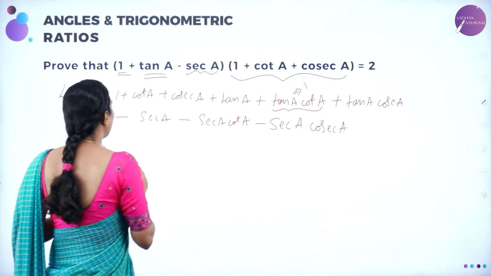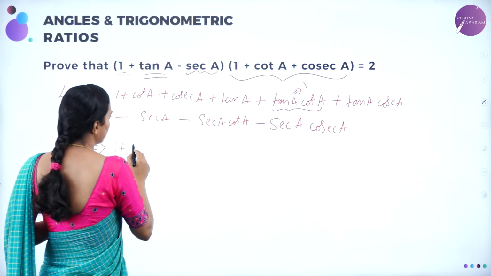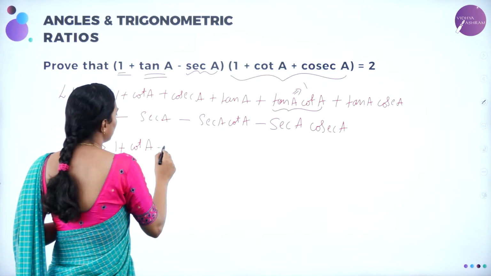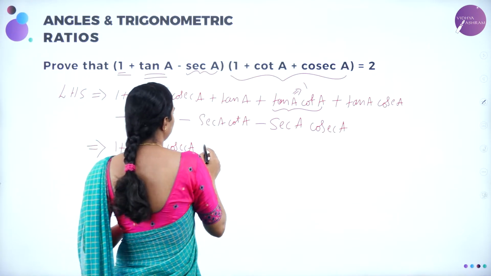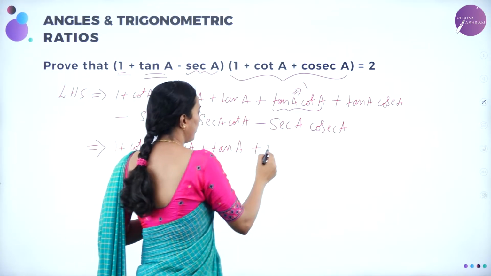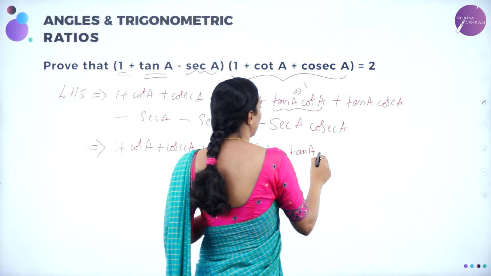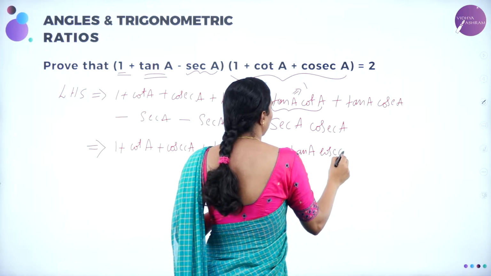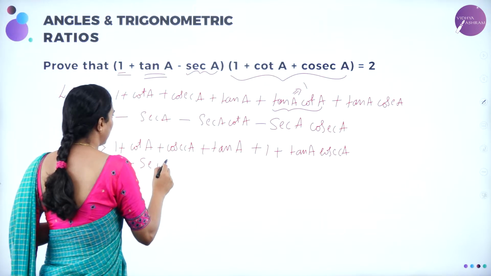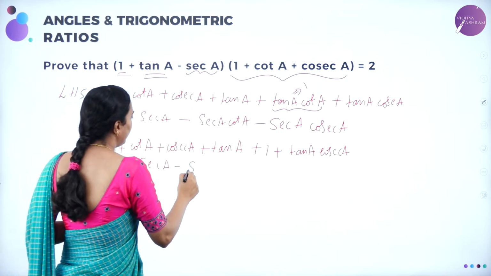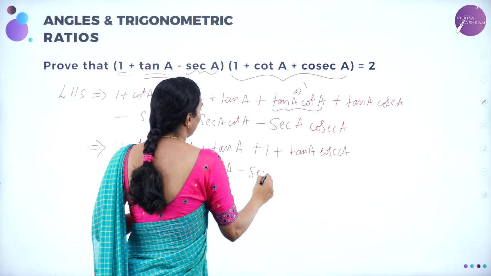No. So let me write it as 1 plus cot A as it is, plus cosecant A as it is, plus tan A, plus this will be 1 plus tan A into cosecant A, minus secant A, minus secant A into cot A, minus secant A into cosecant A.